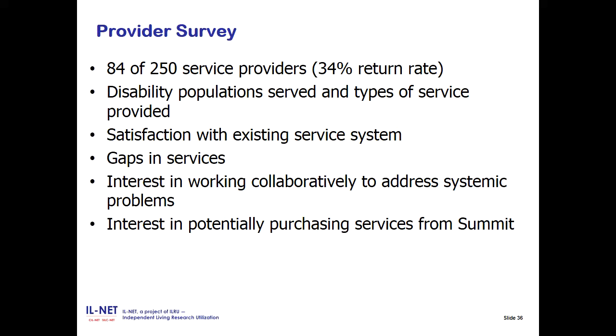The provider survey, we received 84 surveys out of 250 that we mailed, which was a 34% return rate.